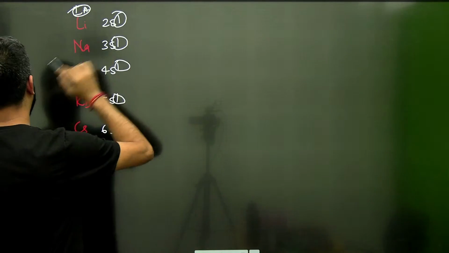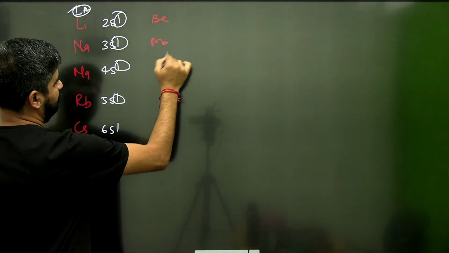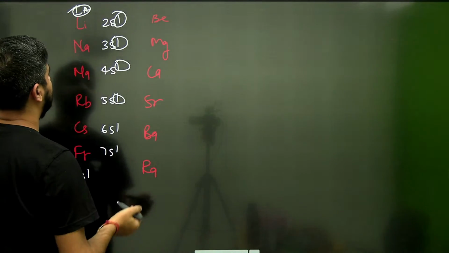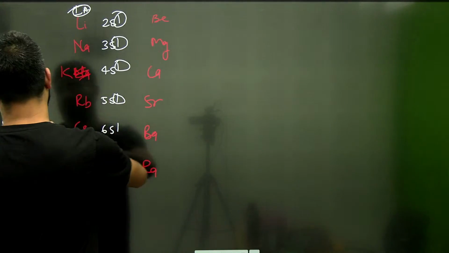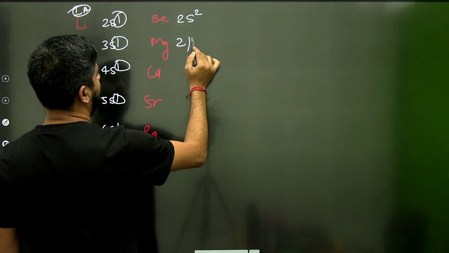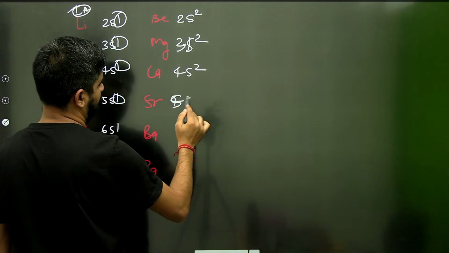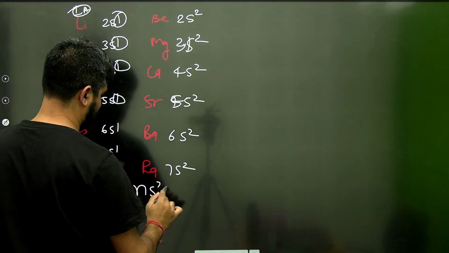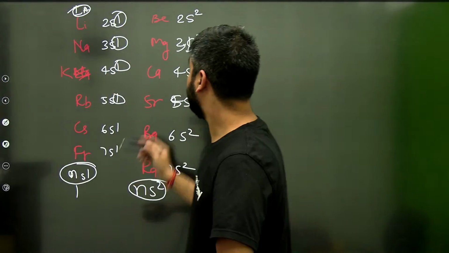If I'm writing it for Be, so what would it be, guys? 2s2, 3s2, so it will be ns2. It will be ns2, guys. So its period number is 2.